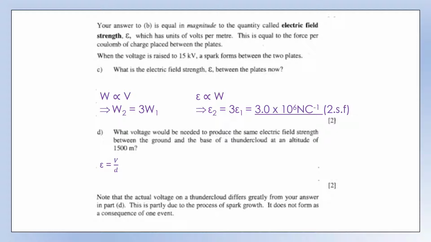So field strength is force per charge, so I'm going to divide the work done by charge, we get the V over d. So that's where that's come from. And then we can plug the numbers in, and we can see we need a potential difference of 4.5 gigavolts, or 10 to the 9 volts. So this is a kind of ballpark answer, but you can see how big it has to be.